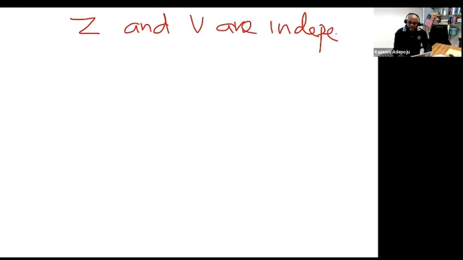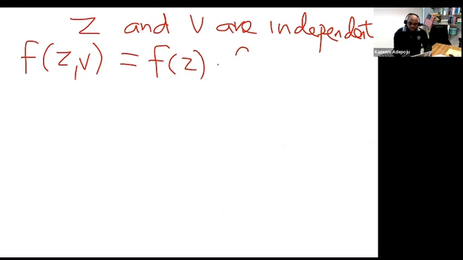If Z and V are independent, using the idea of what we did in class about independence, the joint f will be equal to f of Z multiplied by f of V. You know that, right?